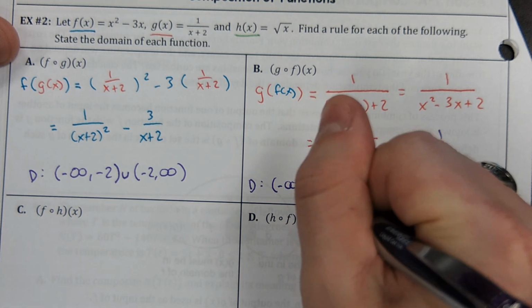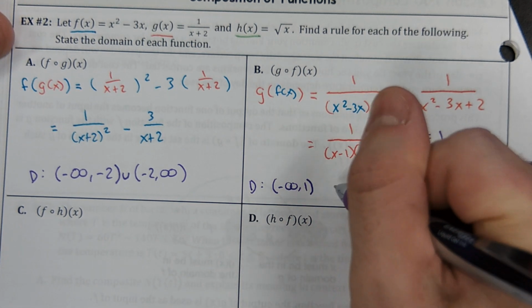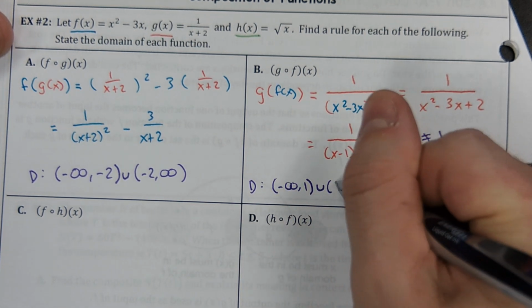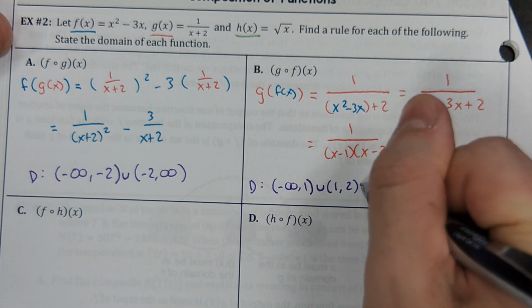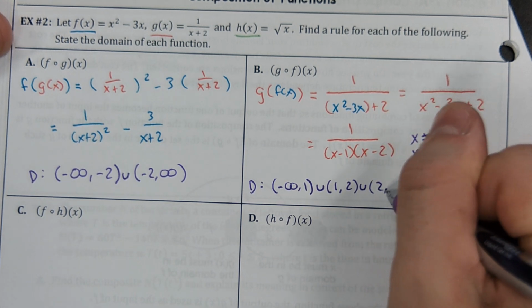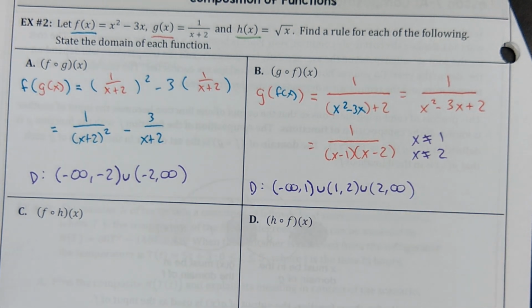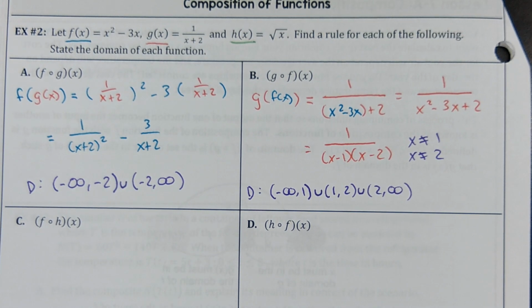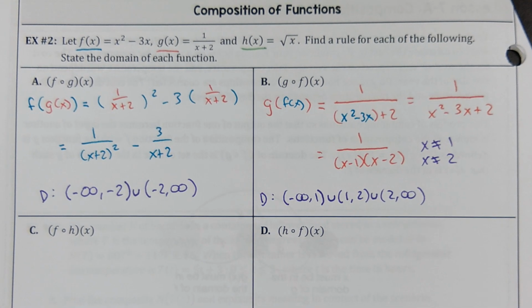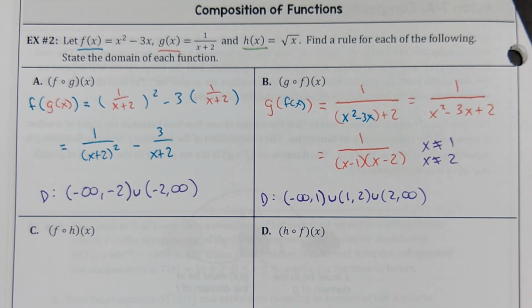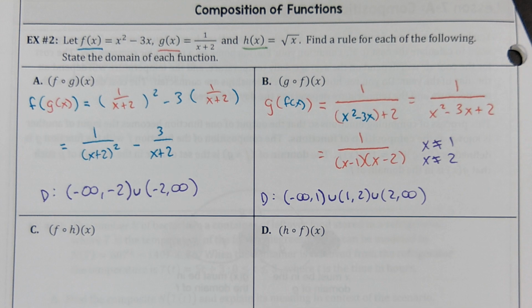Everything to the left of x equals 1, hop over 1 with a union symbol. Everything from 1 to 2, hop over 2 with the union symbol. Everything after 2. And there it is. The lesson's actually about the composition stuff. The domain finding is like icing on the cake.